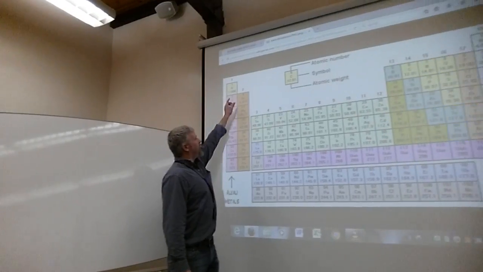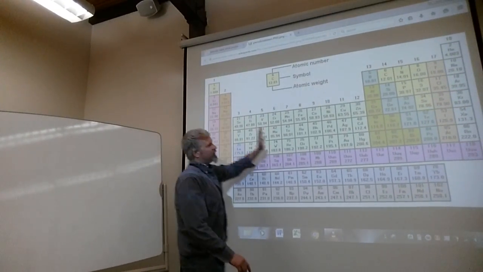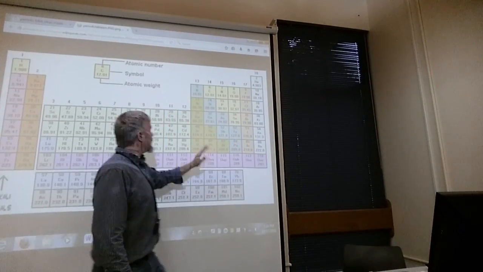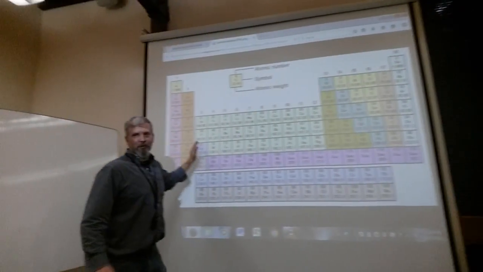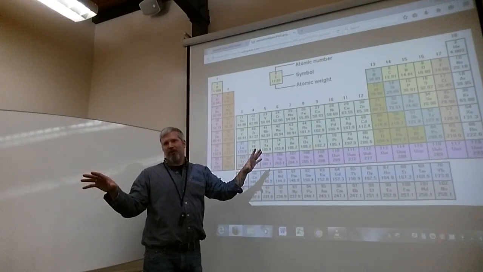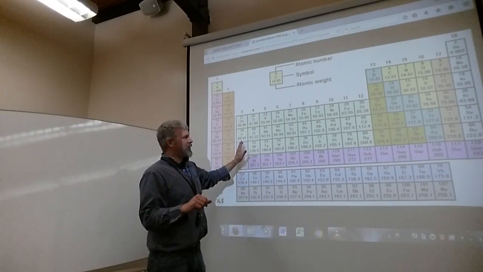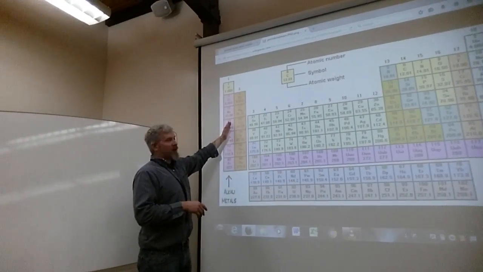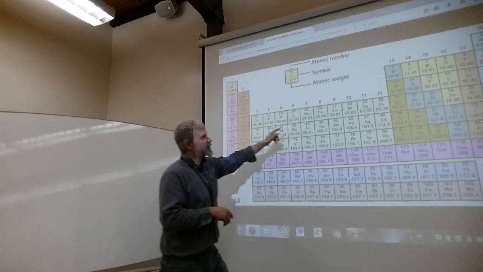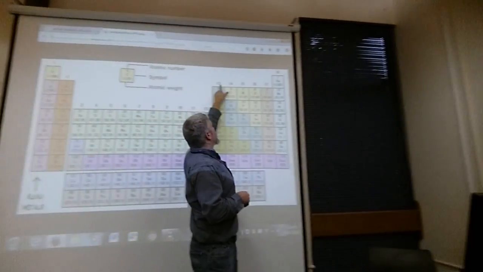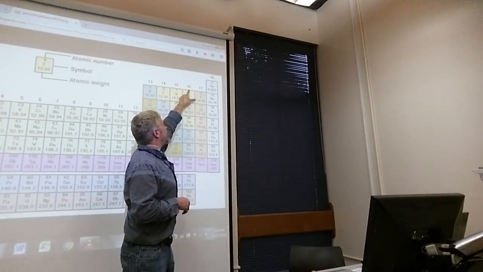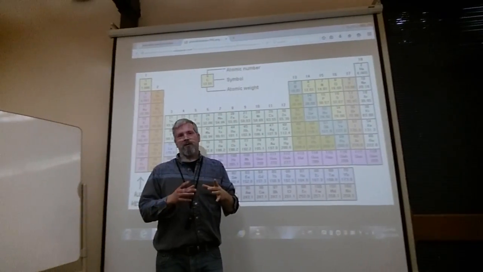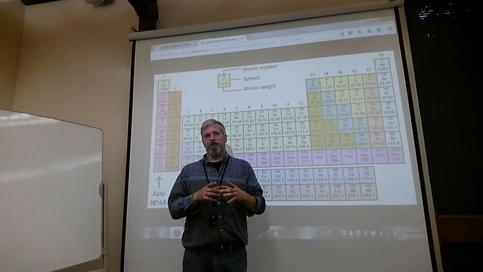This is called Group A, and this stuff is Group B. We break those into 2 charts for this discussion, because these act differently than the rest of the chart does. But these guys have 1, these guys have 2, and if we skip over here, 3, 4, 5, 6, 7, 8. That's the number of electrons in the valence shell of the atom.